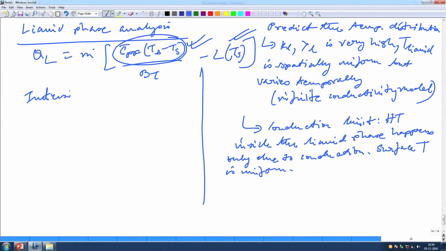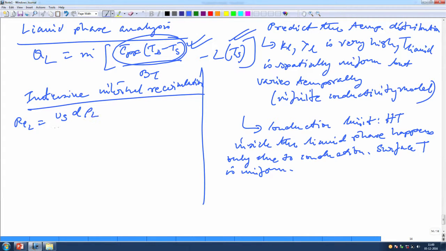However, now we have a situation, as we said earlier, where there is intensive internal recirculation, and what is the role for that? We are interested in this particular portion. This is caused, as we said earlier, by surface friction, nothing other than surface friction. And we already have defined the Reynolds number as US times d of the droplet, rho L by mu L, and the Peclet number is given as Re times Pr.